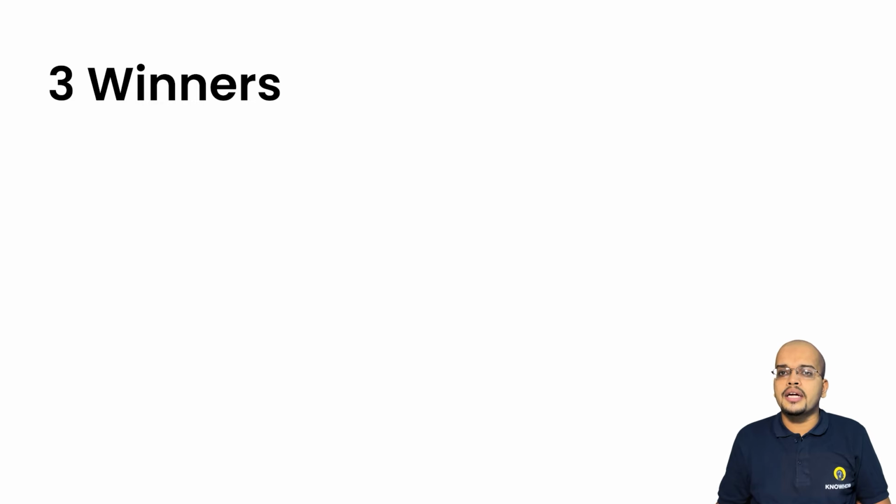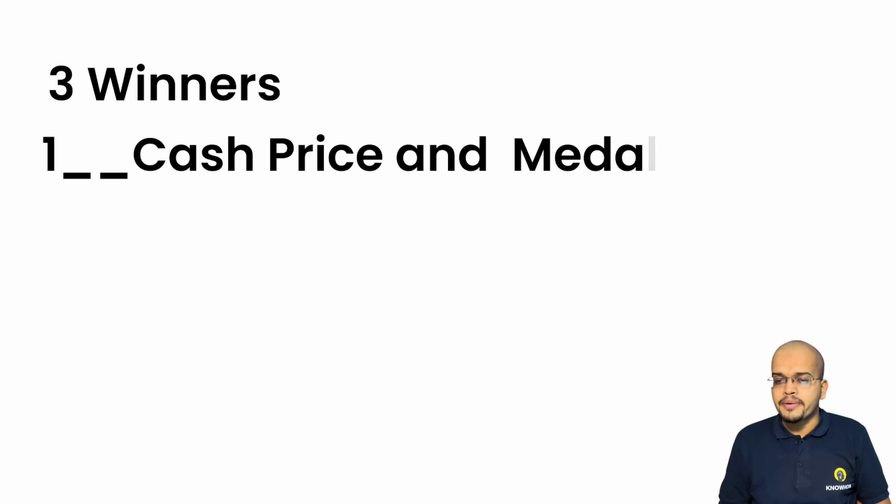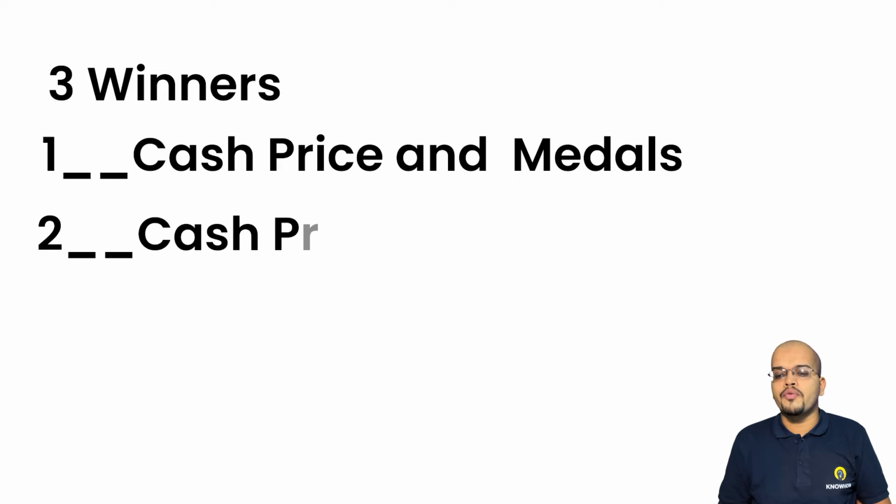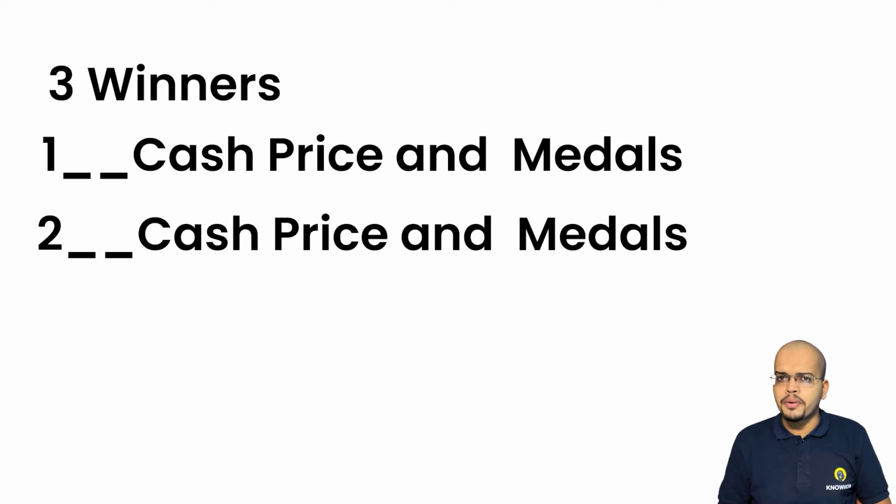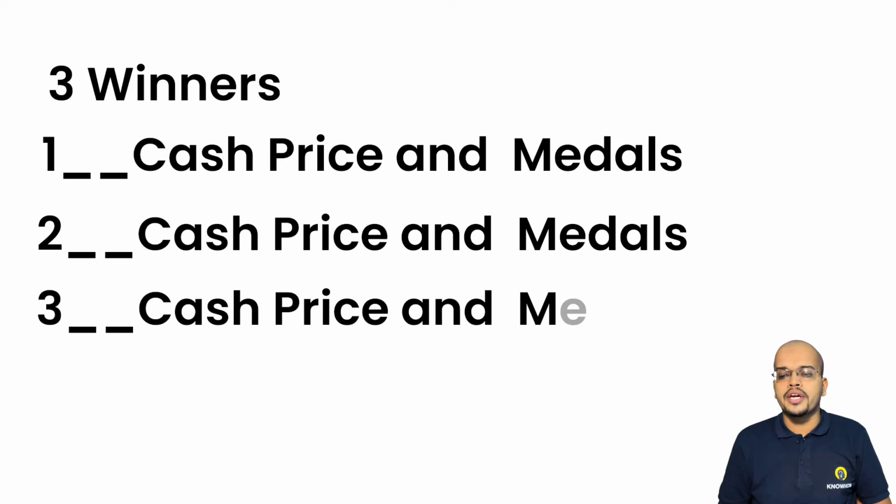Here the awards that the school gives these students are: the first winner gets a cash prize and a medal, the second runner-up gets a cash prize and a medal, and the third runner-up also gets a cash prize with a medal.